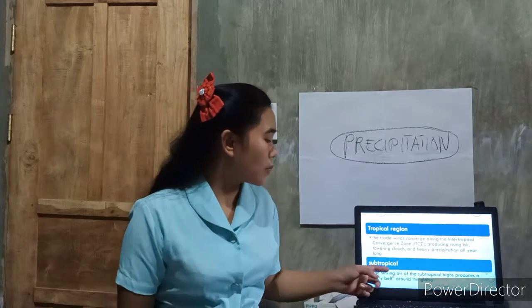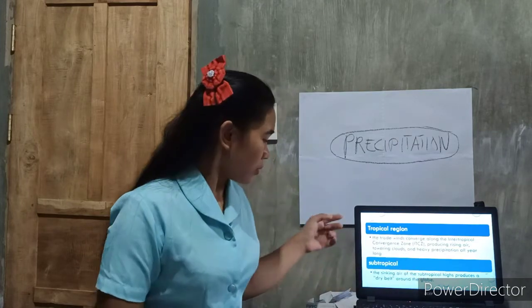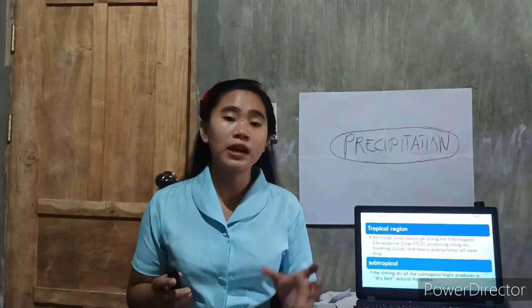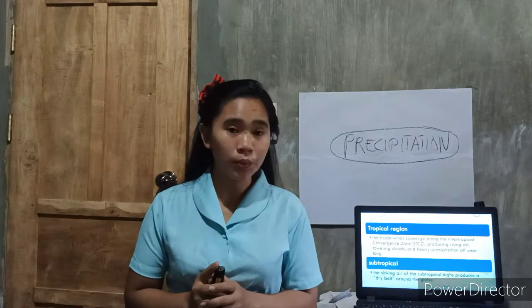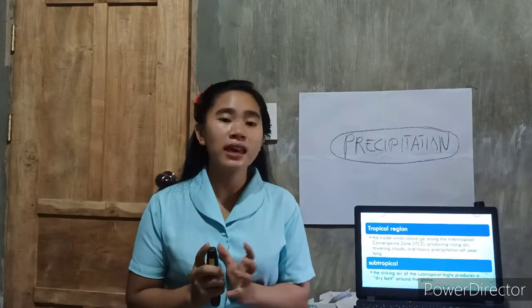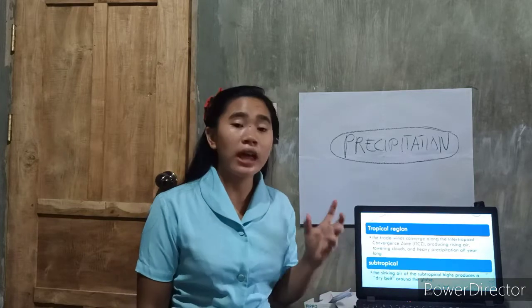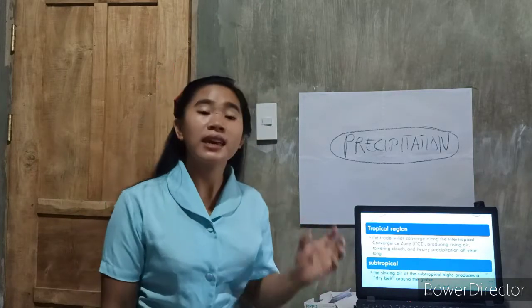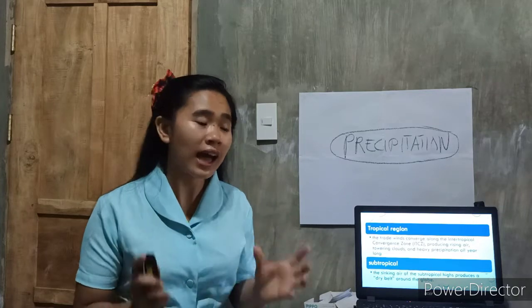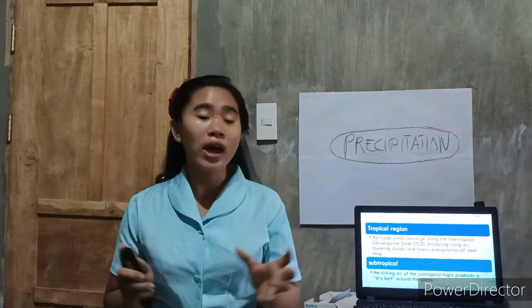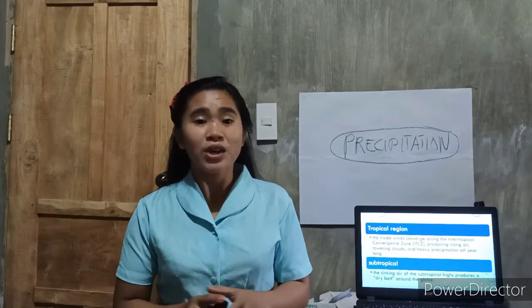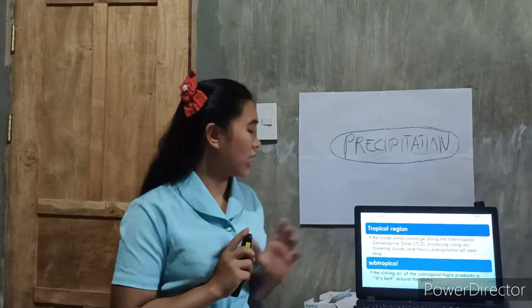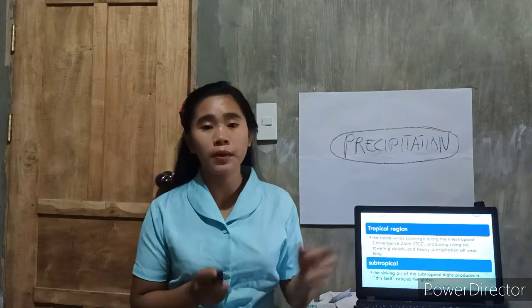Now in the subtropical region, the sinking air of the subtropical highs produces a dry belt around the globe. So that is the precipitation in the tropical and subtropical regions.